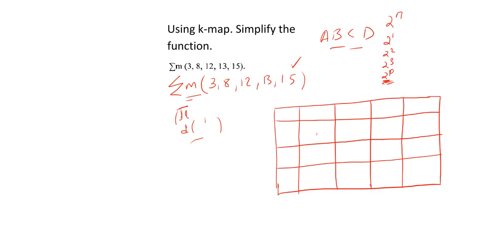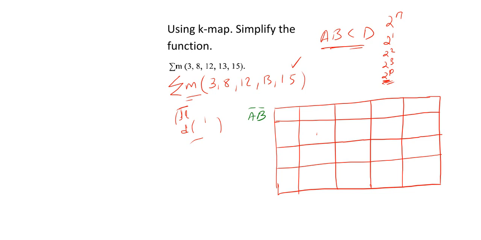So now here we shall label all possible combinations of these 4 inputs. We start with AB at this side and combine all possible combinations.